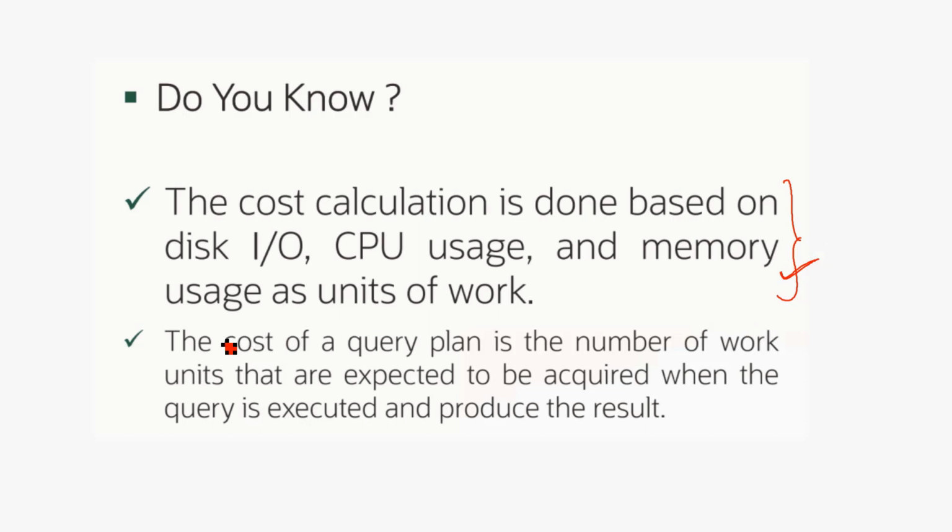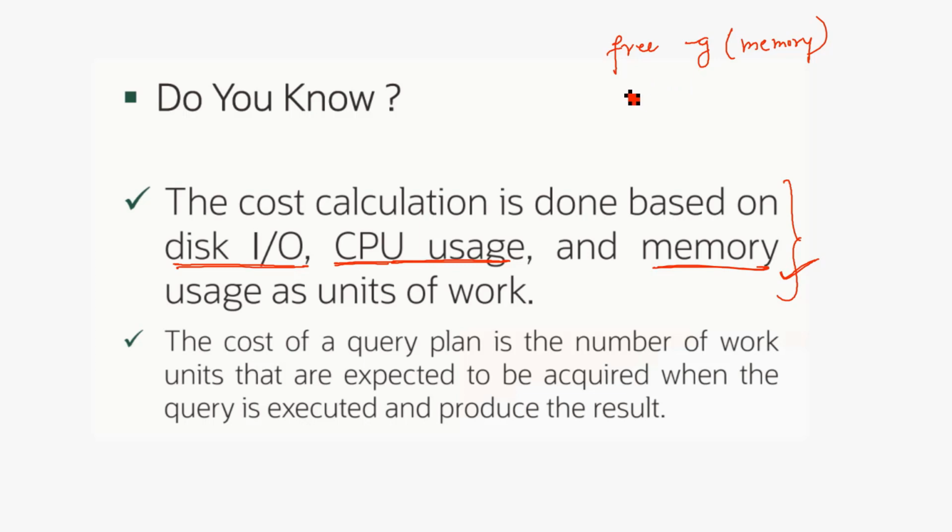All the costing is decided on the basis of disk IO, how much IO is being utilized, how many CPUs are present in your machines, how much CPU is being utilized by a specific query, and what about memory. With the help of free -g, you will be able to identify the memory part: the total memory of a particular server, the swap memory, and how much memory is usable.